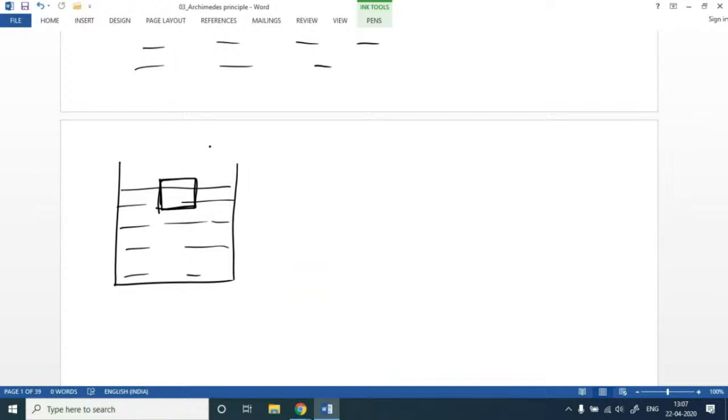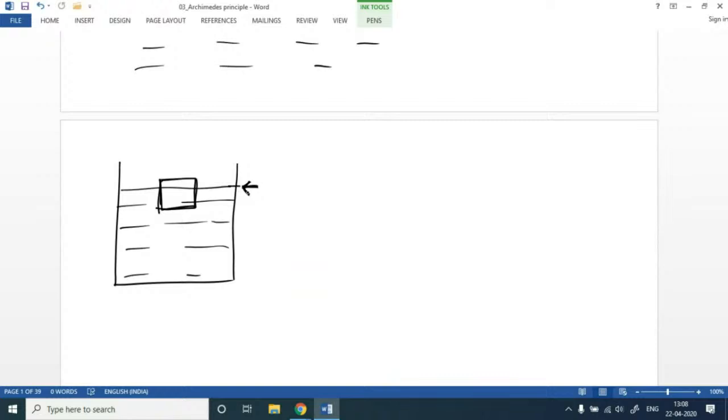Now the question is, if this ice cube melts, what will happen to the level of liquid in this container? And the answer to this is again very simple. We must try to compare the before and after situation. Before melting, when the ice cube is floating, it is displacing liquid equal to its own mass.